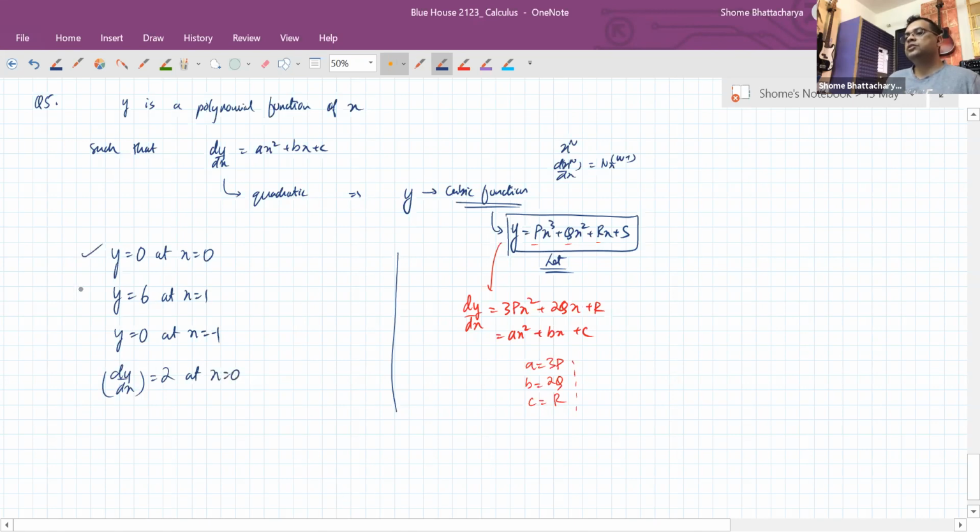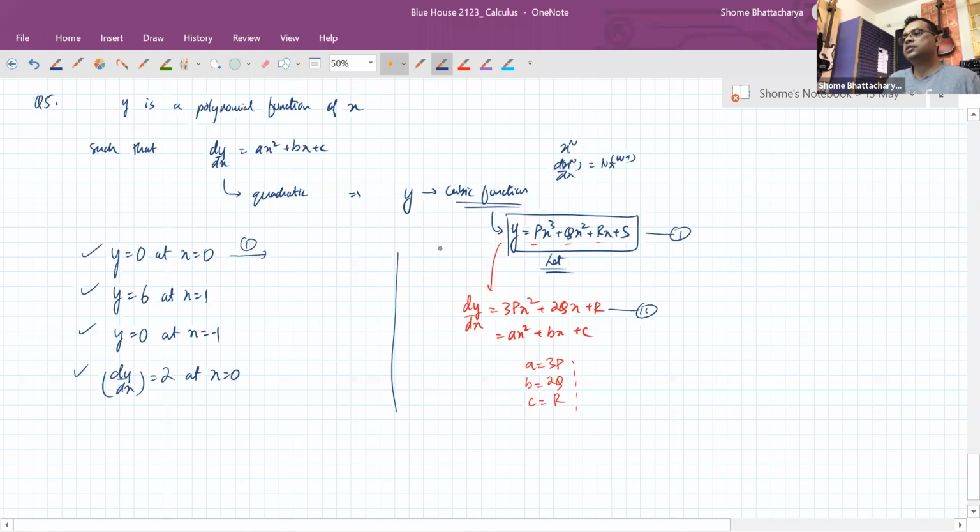So these four pieces of information we have to fit into these equations to get the four unknown quantities p, q, r, and s. So if we interpret this term as equation 1, okay, and the derivative as equation 2, we can fit this in equation 1 and see what we'll get.